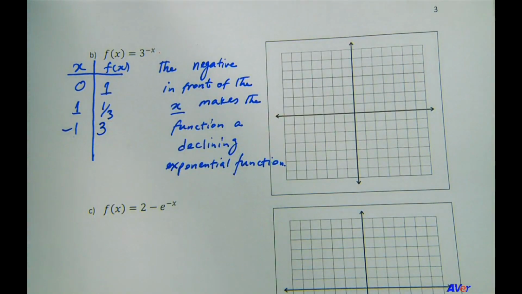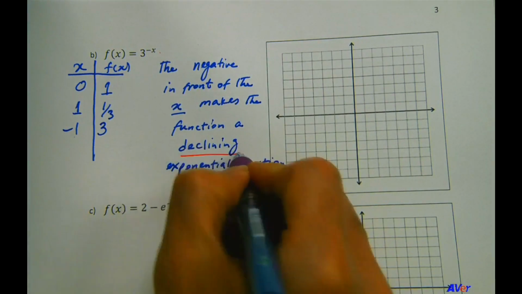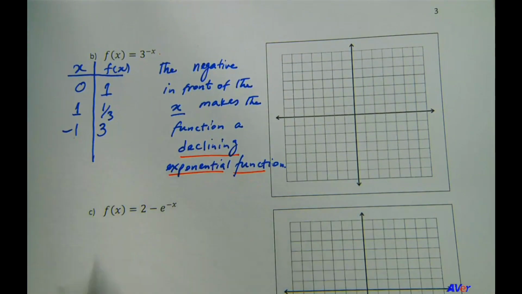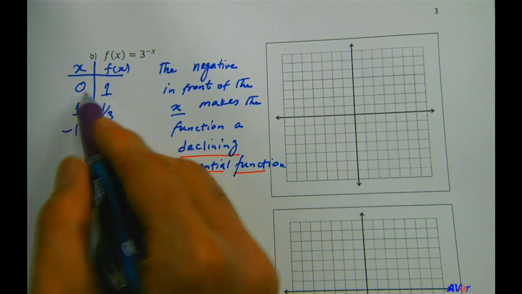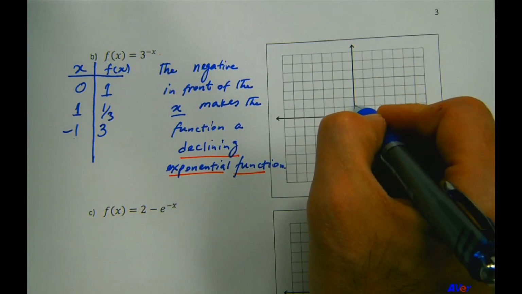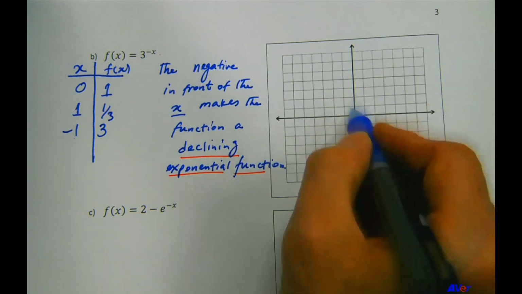Okay. So let's plot this to get an idea. We already know it's declining. All right. Let me actually underline this. Declining exponential function. Okay. So 0, 1 would be, let's pick here. I will pick each little box as one increment.